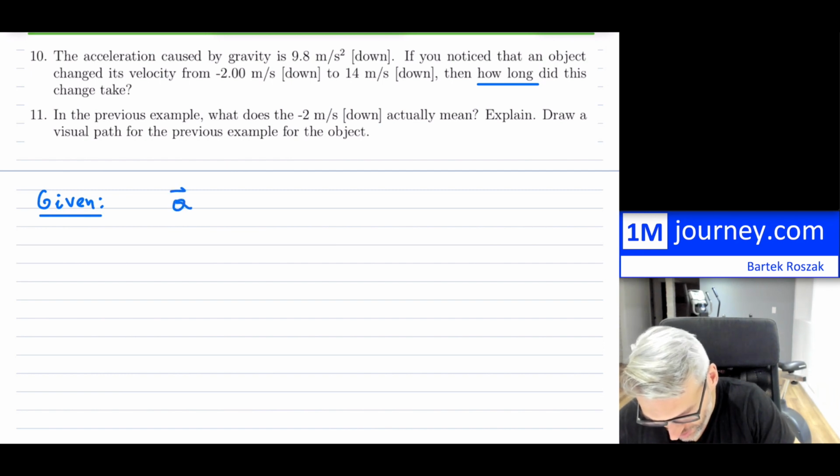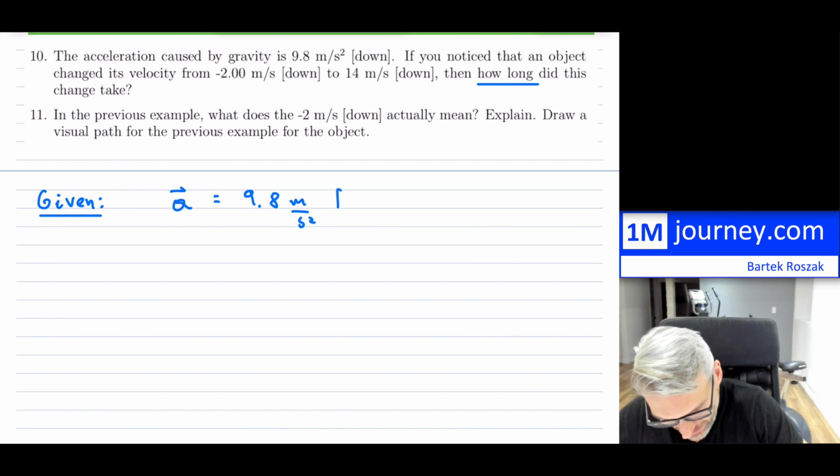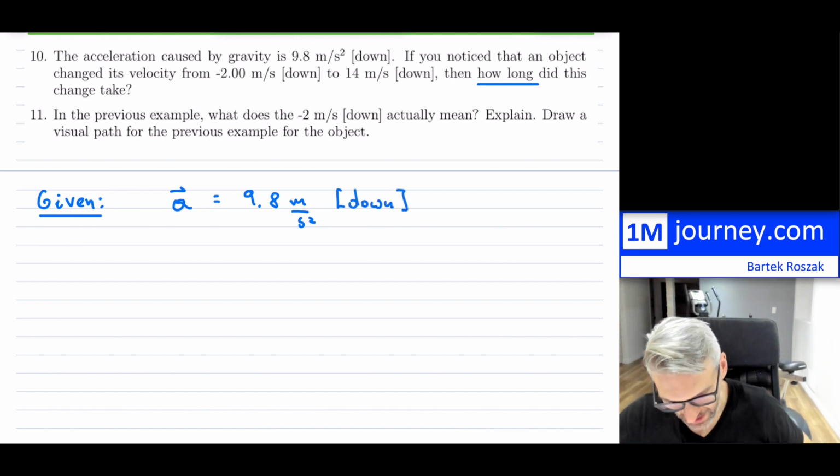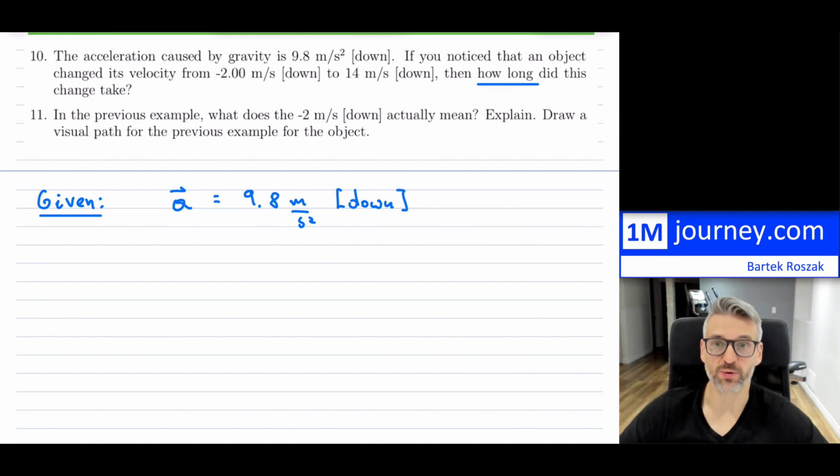It is an average acceleration, and it is 9.8 meters per second squared, and it's down. So we're making down positive in this case.